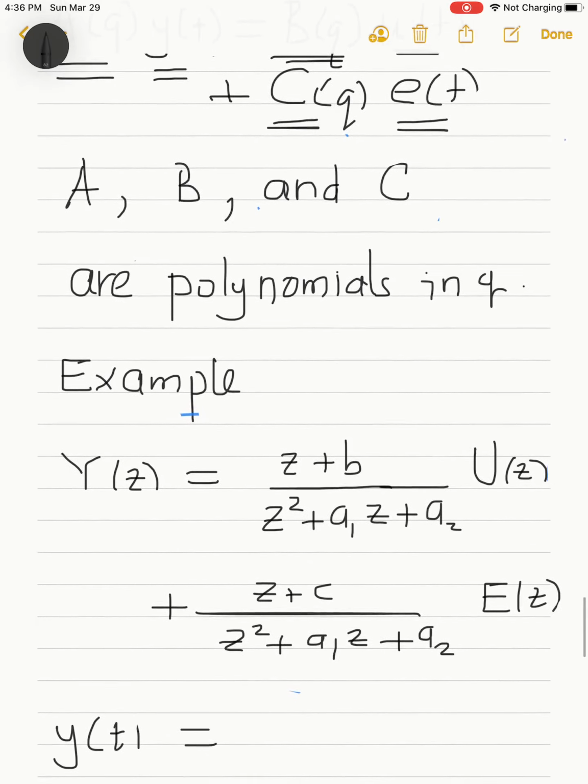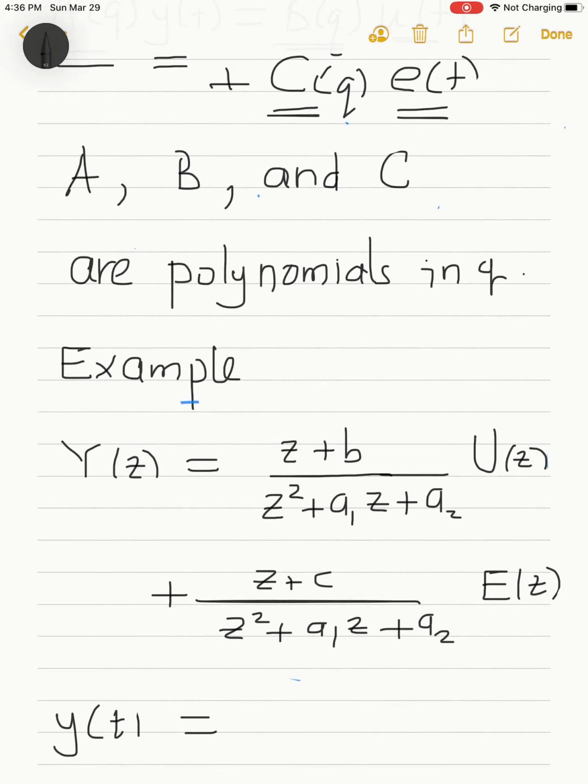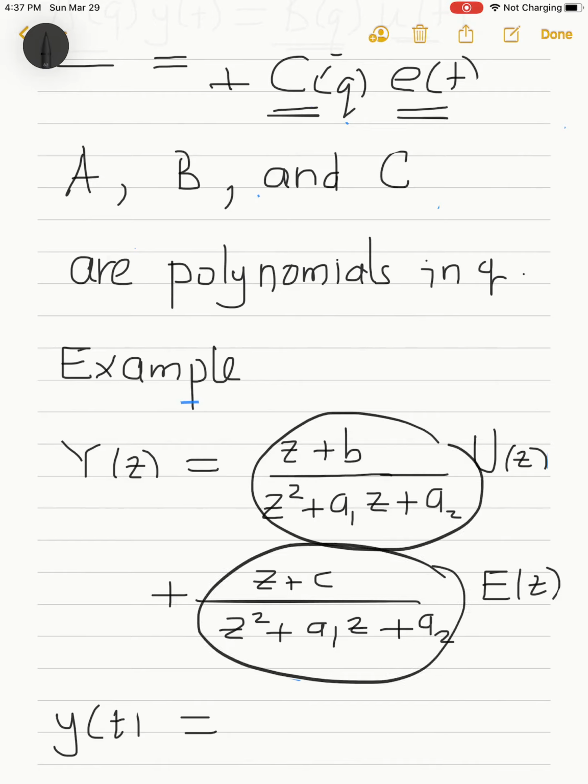So as an example, if we consider a system in the frequency domain represented by transfer functions like this, we can switch this system to the time domain.